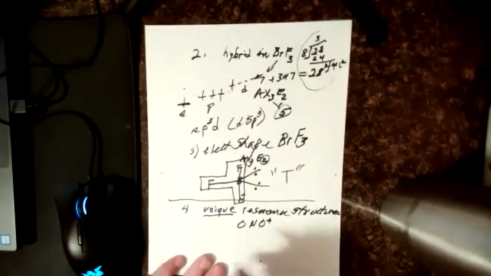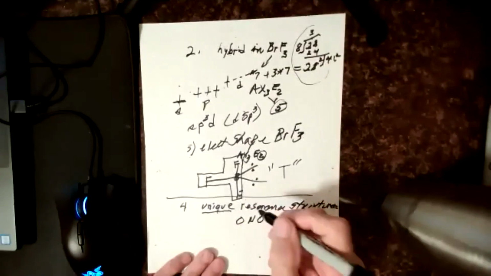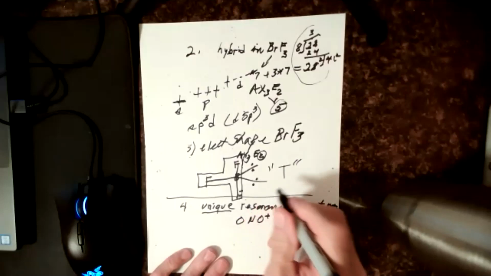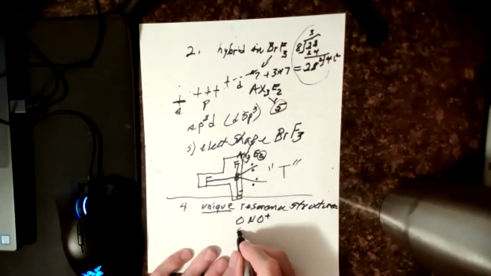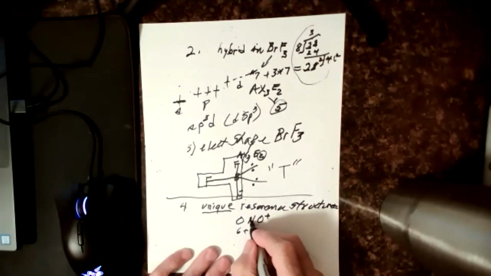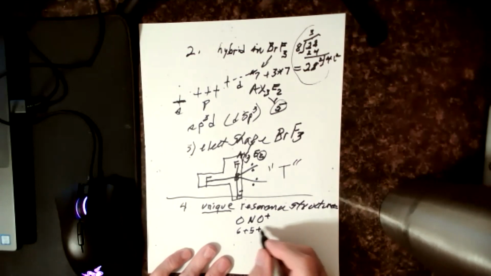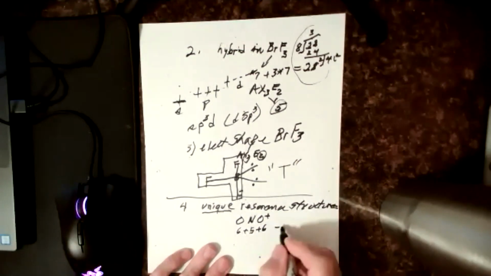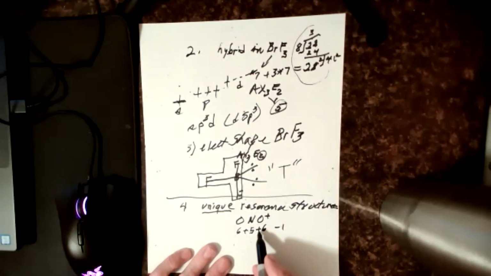Okay, so again, let's see what the bonding is going to look like. Oxygen's in group 6. Nitrogen is in group 5. Oxygen's in group 6. And I'm going to subtract 1. So 6 and 6 is 12. 5 would be 17.